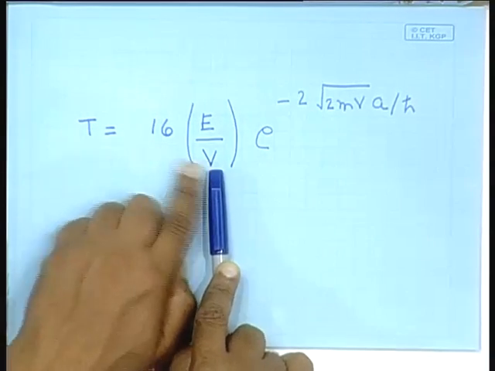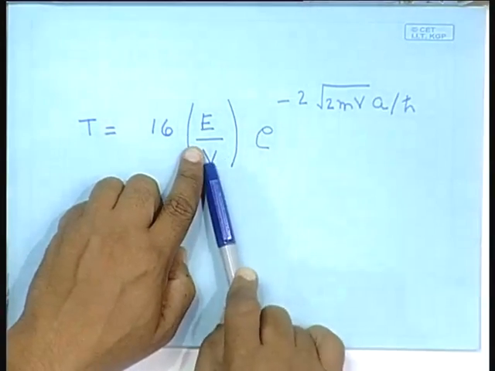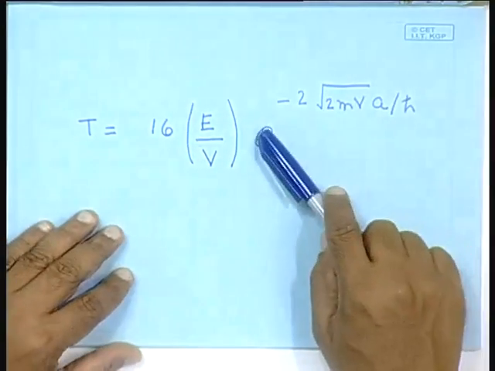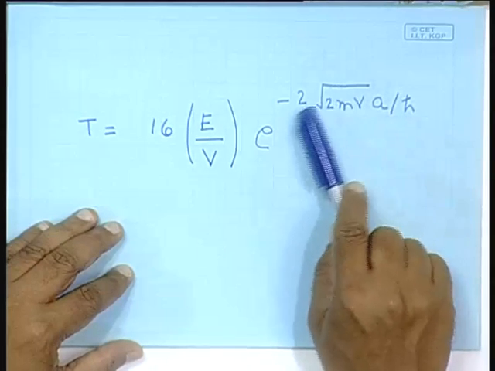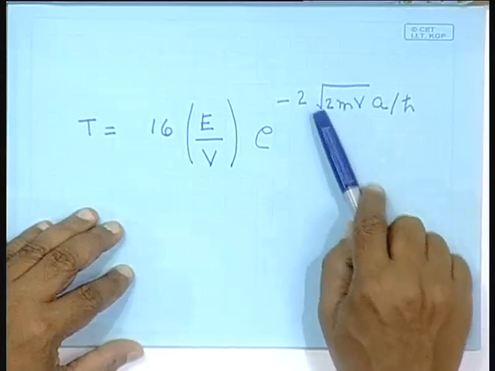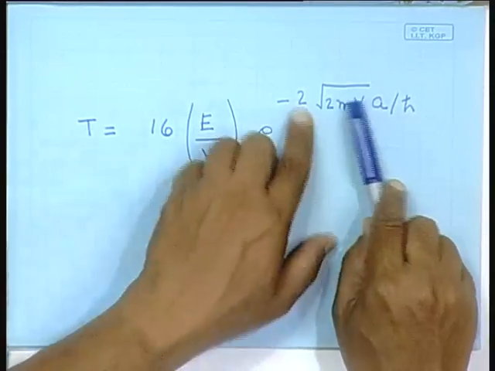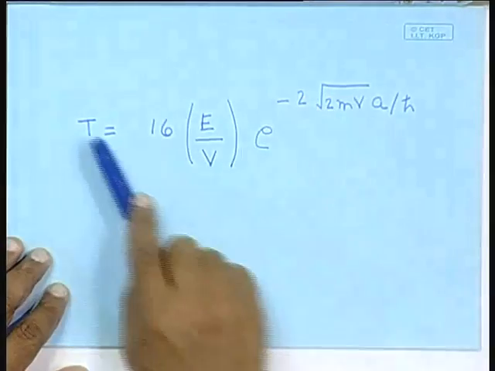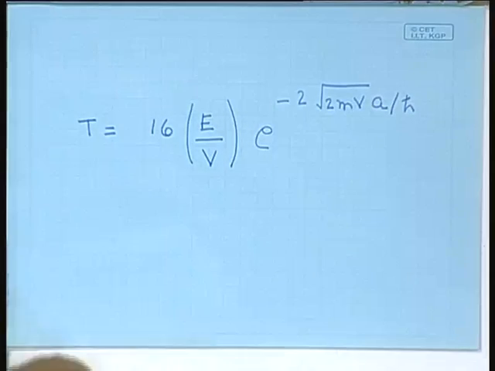As I increase the potential, the tunneling probability falls off as 1 by V. It also falls off through this exponential factor, e to the power minus 2 times the square root of 2mV into a divided by h cross. If I increase V, this exponent also falls, and the tunneling amplitude falls because of both of these. So, the basic message is that the higher the potential barrier, the smaller the probability of the particle getting through.